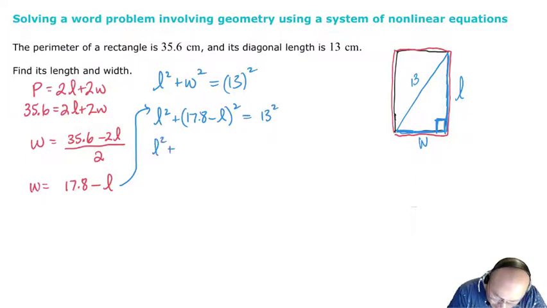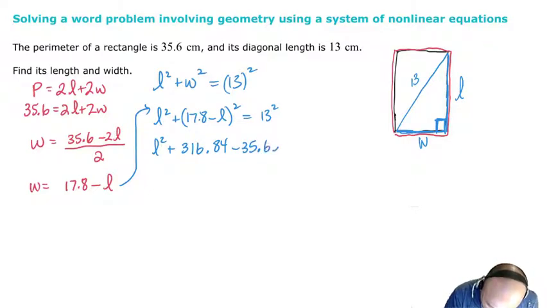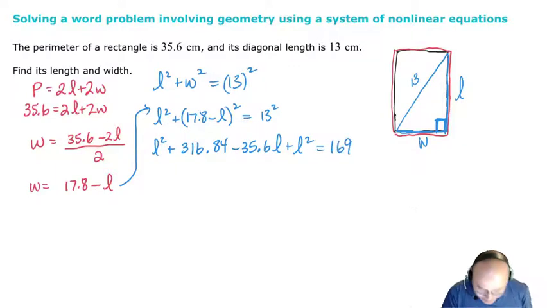L squared plus, multiplying 17.8 times 17.8, we get 316.84, minus 35.6 times L, and then finally plus an L squared is equal to 169.